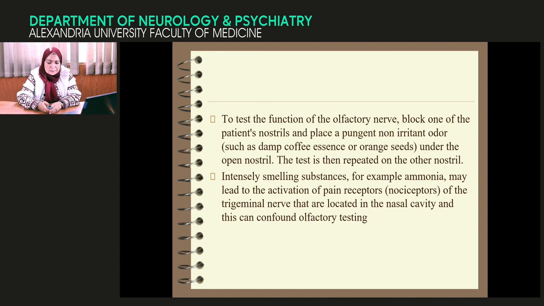If we are examining the right one, we will close the left and close the eyes and ask the patient which odor he smells. We will not use an irritant odor, because it will lead to stimulation of nociceptors of the trigeminal nerve, not the olfactory. Because of that, we must use something familiar and non-irritant.